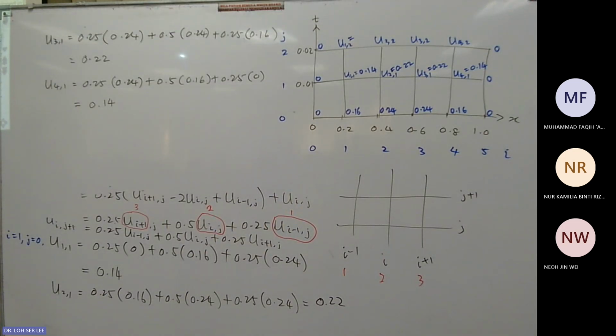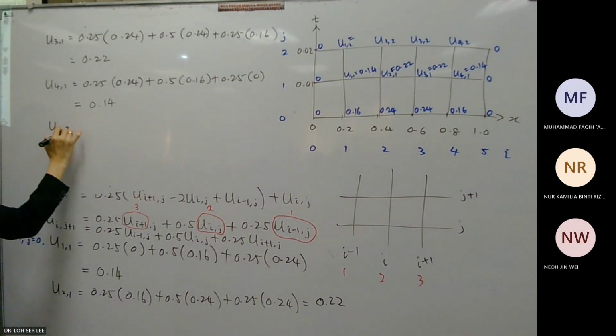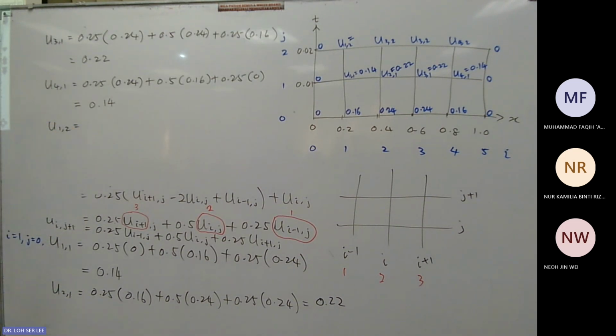Once you have done U41, then proceed to the one more row above. U12.